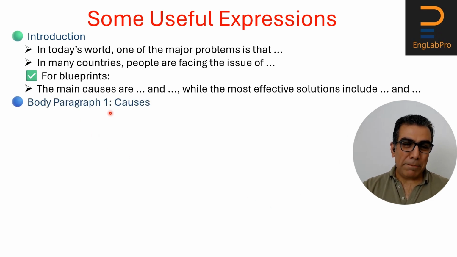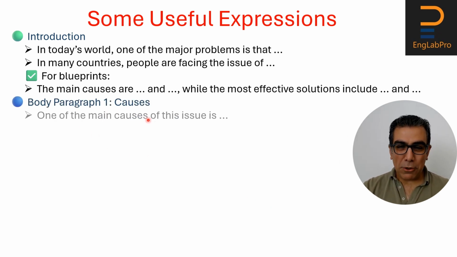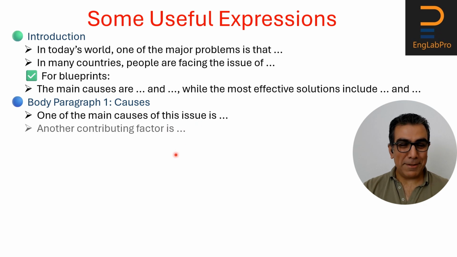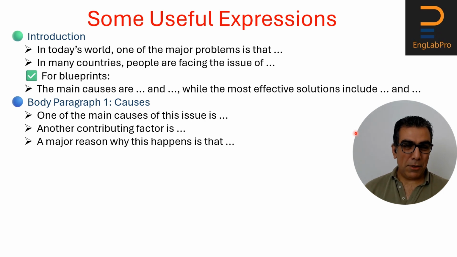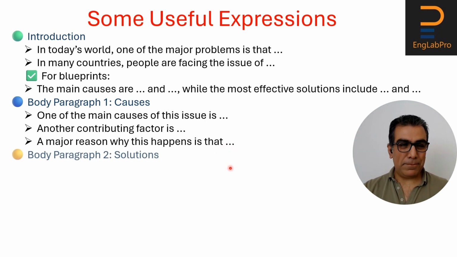In the first body paragraph, which is about causes, for example, you can say one of the main causes of this issue is this issue or this problem. Or another contributing factor is, which means another factor that causes this problem, another issue, another reason that causes this problem. Or you can say a major reason why this happens is that.